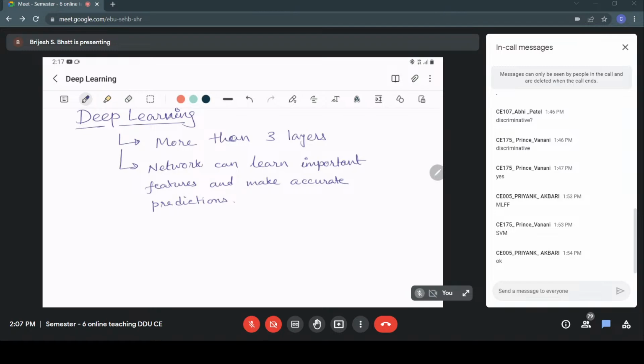This is what we believe. The network can learn important features. So a separate layer of feature, a separate exercise for feature engineering, feature dimensionality reduction, all this is not now required. We believe that if you use huge data, the network can learn. And also the size of data has increased, so we can deal with it.